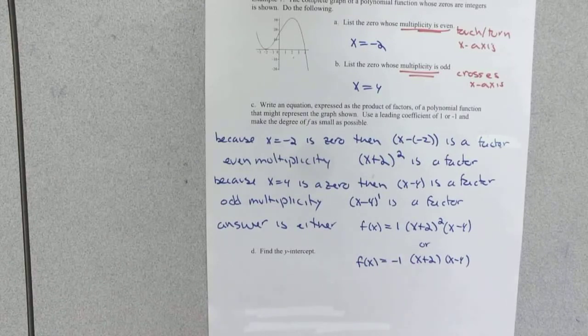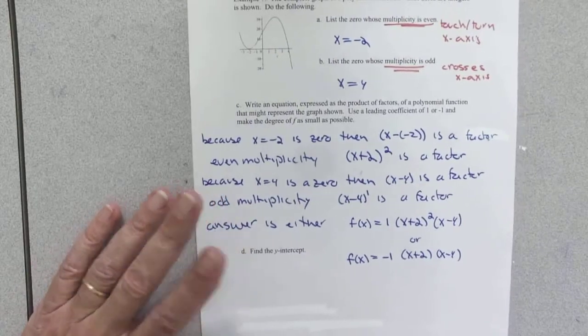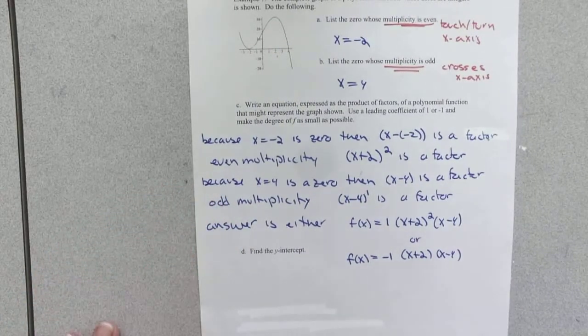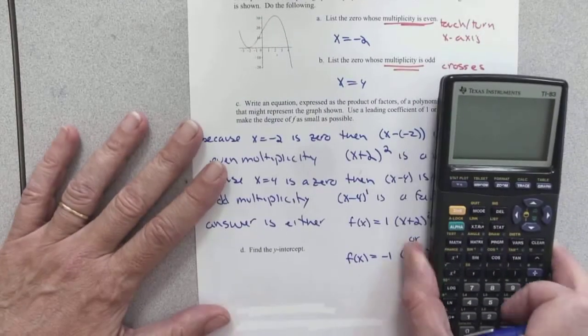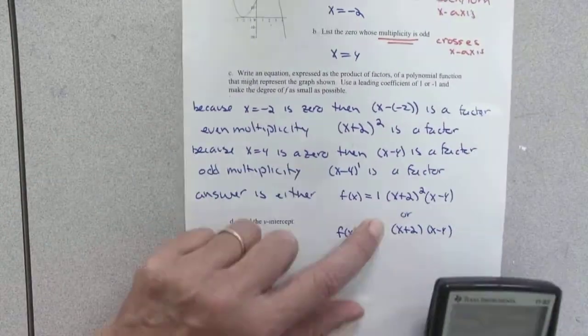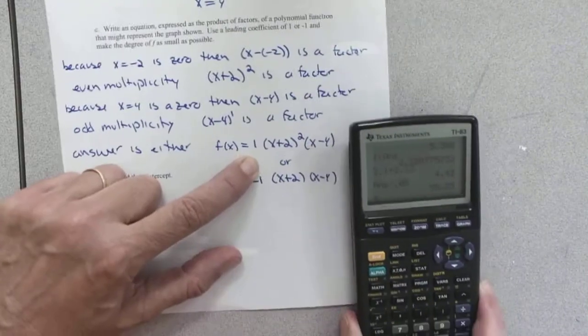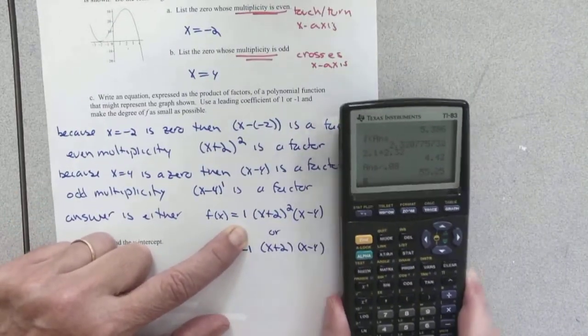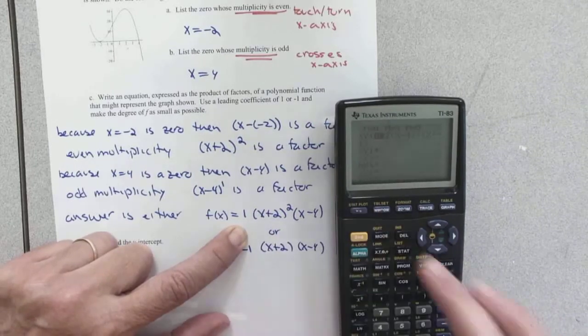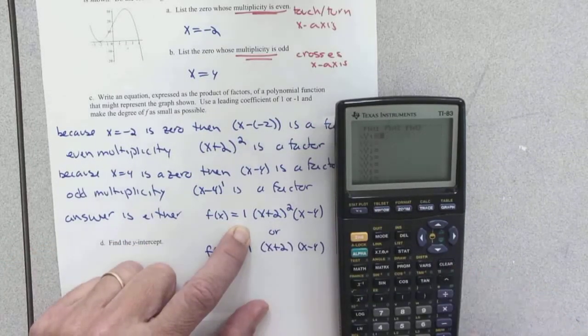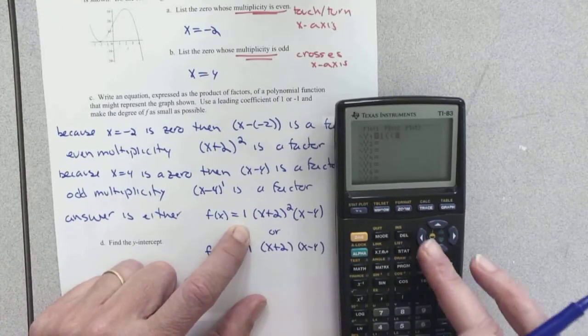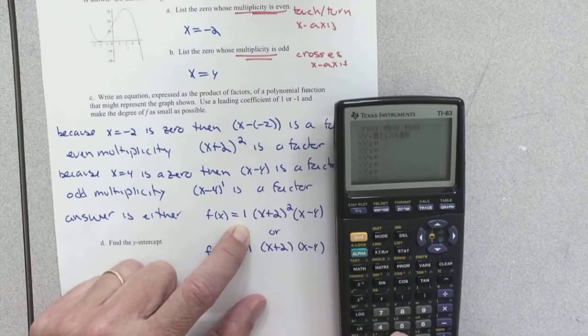Now, we could do it analytically, or since most of us have machines, let's use a machine to help us. And then we'll also do it analytically. Let's graph this one right here. So y equals, very technically, 1 times x plus 2 squared times x minus 4.